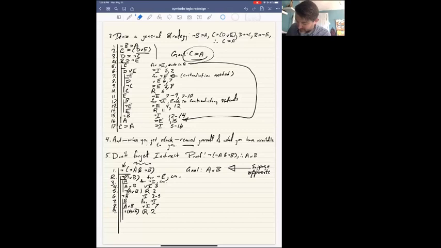And then we are in a position at step 10 to assert not B. The way we got not B was from a negation intro. Oh, I set it up wrong over here. It should have been 3 to 4 and 3 to 5.